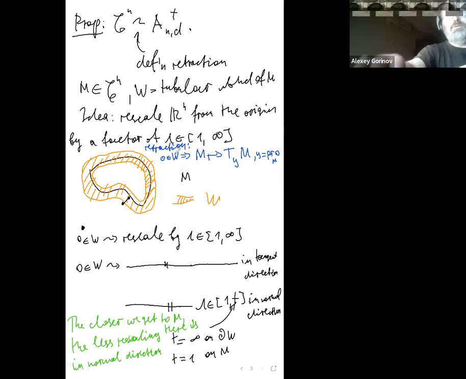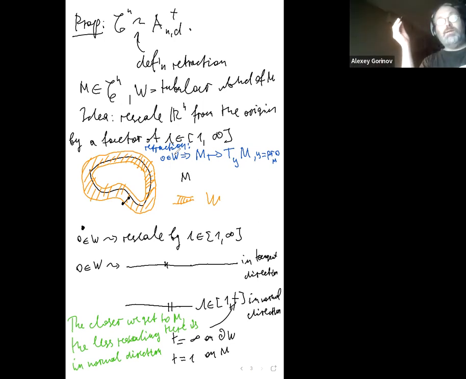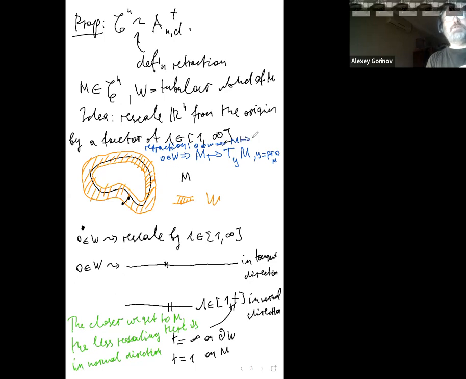So under the retraction, M goes to the tangent space at the point Y, where Y is the projection of the origin onto M. This happens if 0 belongs to W; if 0 does not belong to W, then M goes to the empty set.